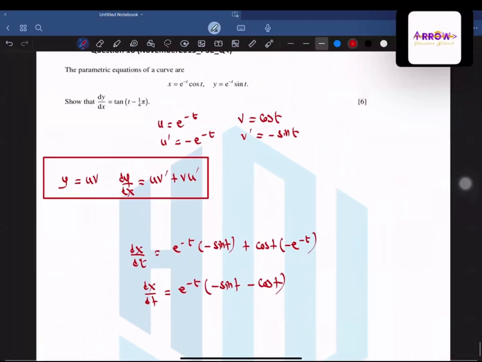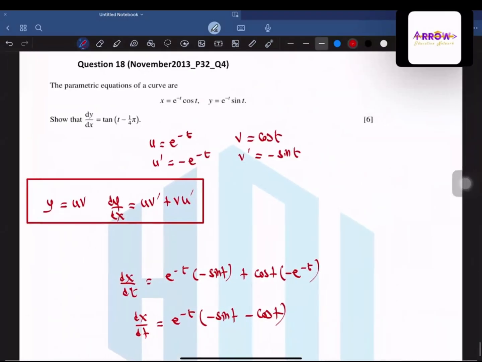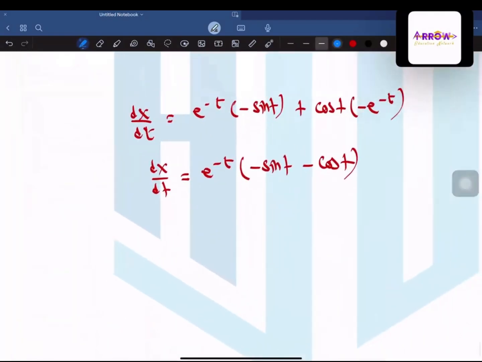Now we are going to differentiate the y function, meaning y as a function of t. So y is equal to e raised to the power of minus t multiplied by sine t. I'm going to do the working over here. So u is equal to e raised to the power of minus t, therefore u dash is equal to minus 1 multiplied by e raised to the power of minus t.